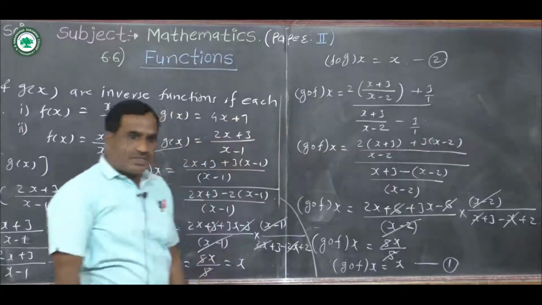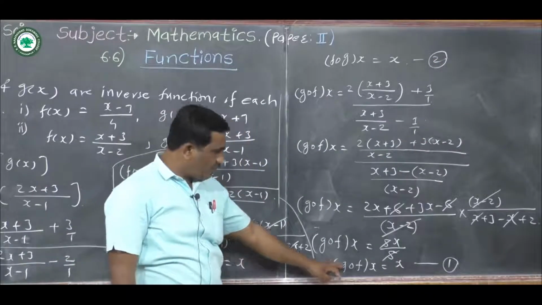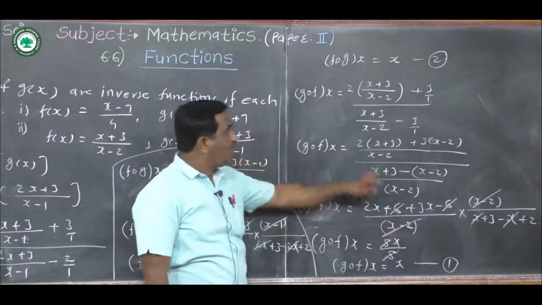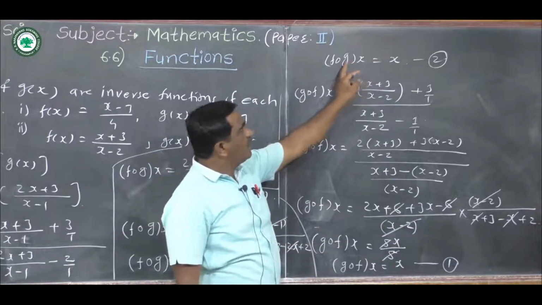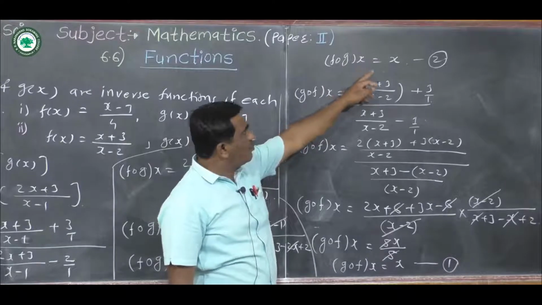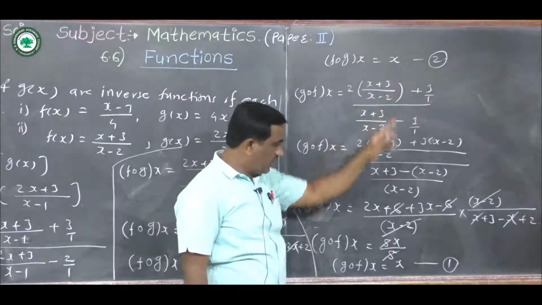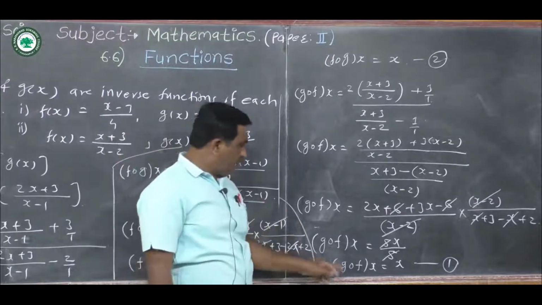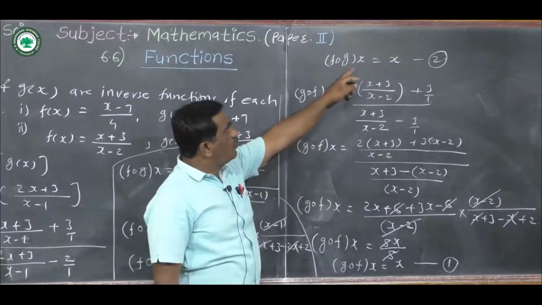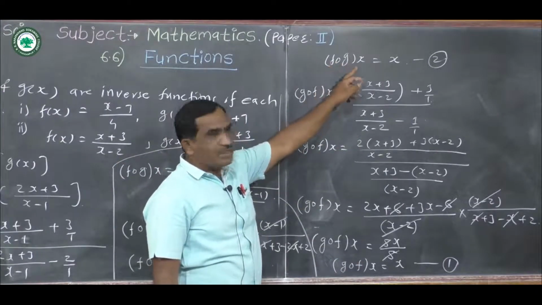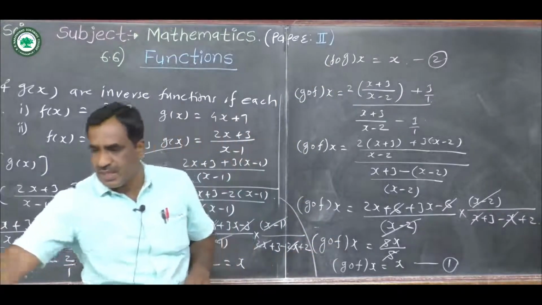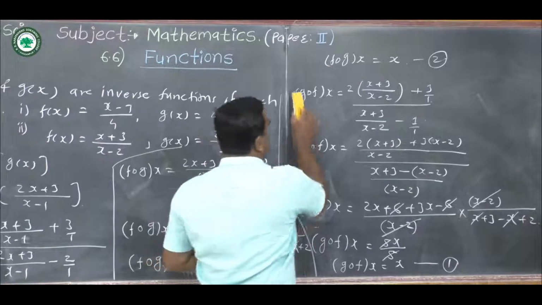Now from equations first and second, equation first is f composite with g of x is equal to x, and the second equation g composite with f of x is equal to x. That is, we get f composite with g of x is equal to g composite with f of x is equal to x. Therefore functions f of x and g of x are inverse functions of each other.